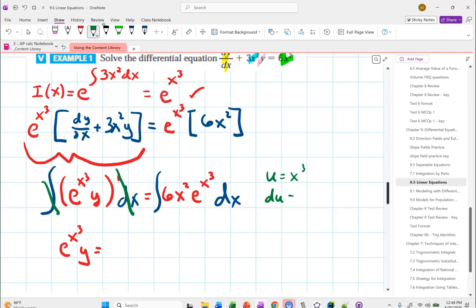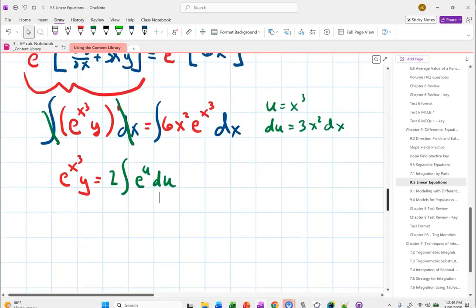So du is going to be 3x squared dx. So when I make my u substitution, I have 2 times e to the u du.